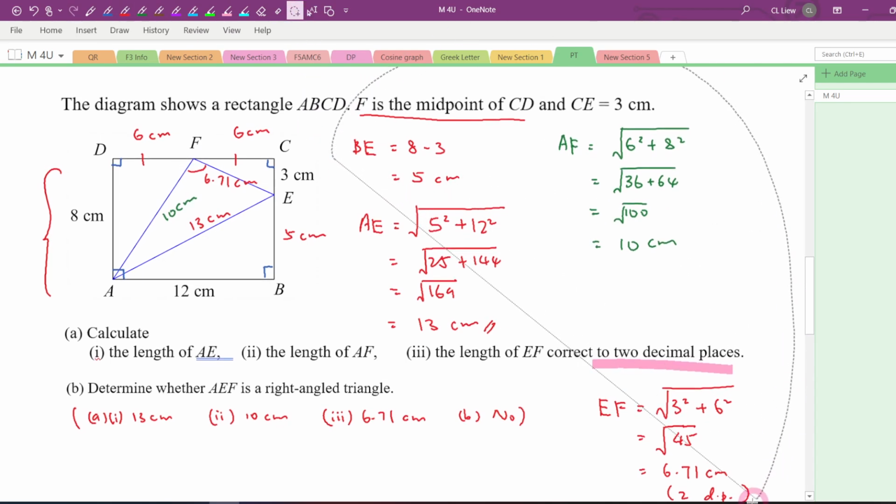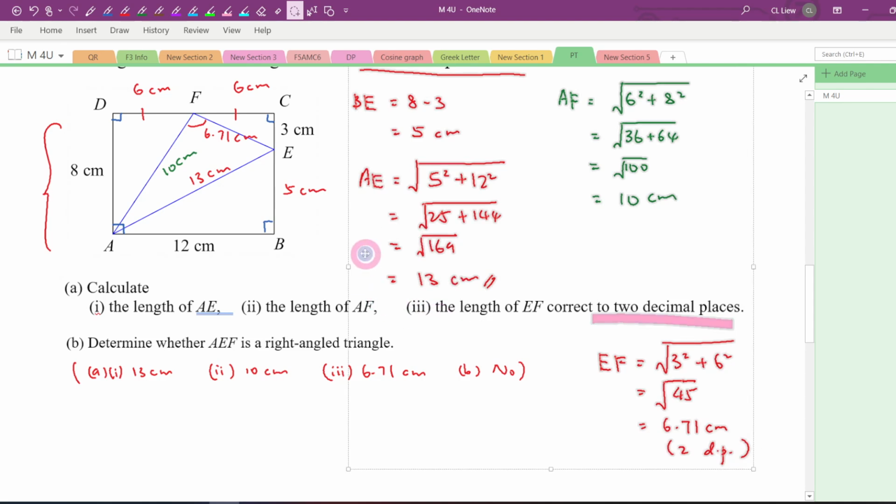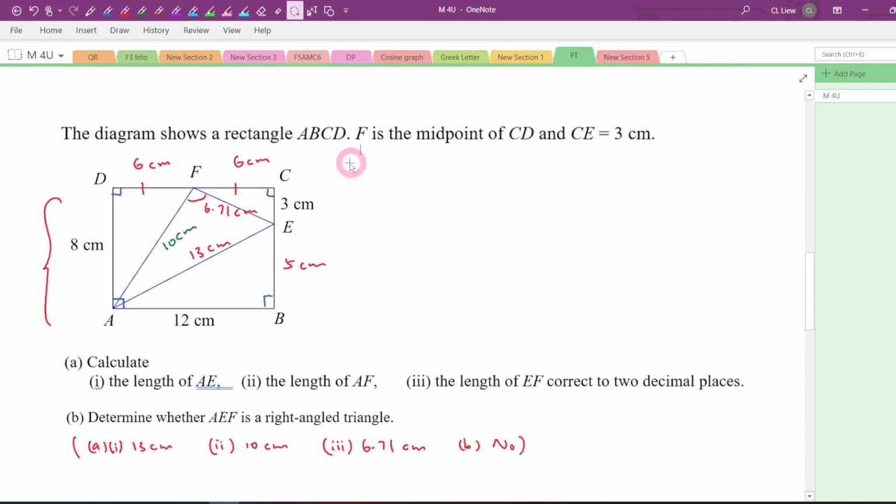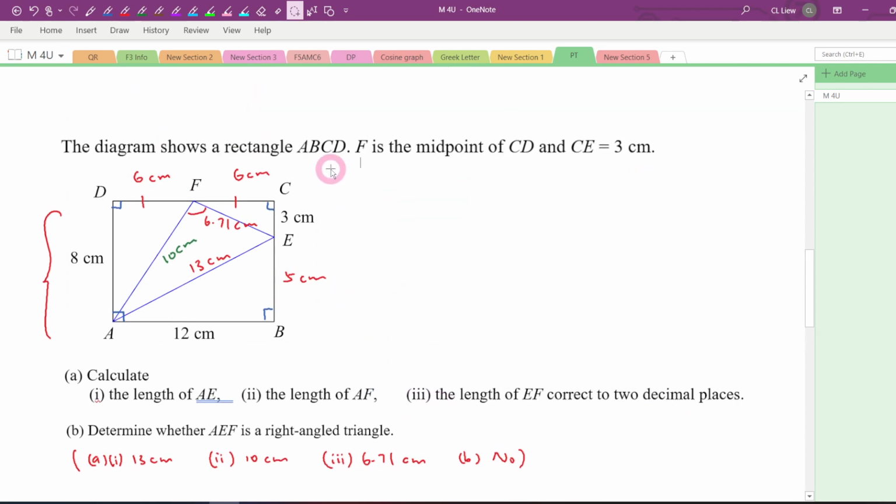So how do we determine whether the given triangle is a right angle triangle or not? We need to use the converse of Pythagoras Theorem. Pythagoras Theorem tells us that for a right angle triangle, a square plus b square is equal to c square, right? So if this is a right angle triangle, this will be the situation.